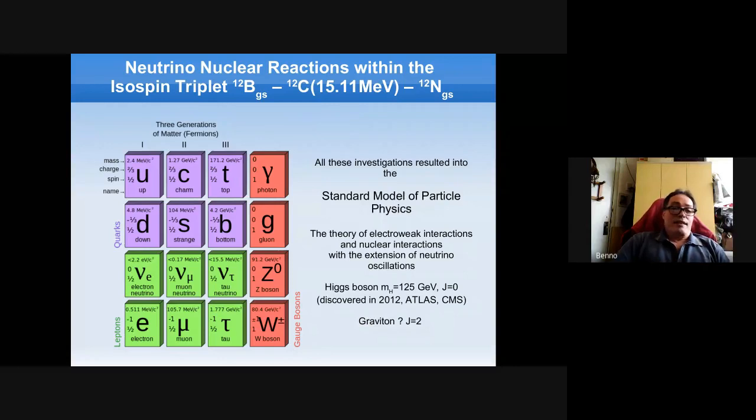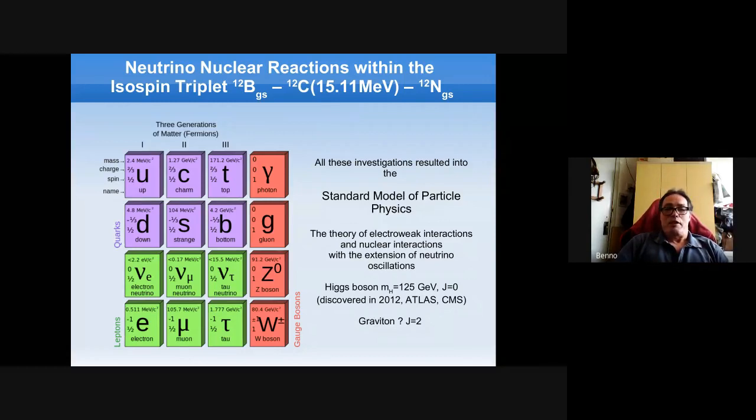So it could be that the neutrino is its own antiparticle if we change the helicity. If it has mass, this can be done. And so until today, we don't have a clear picture of the neutrino, whether it's a Majorana particle or a Dirac particle.